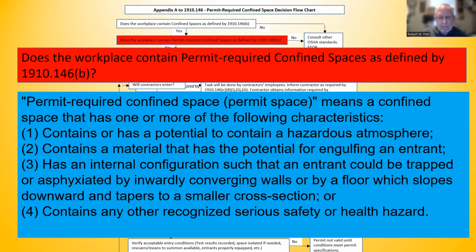A permit required confined space, or permit space, means a confined space that has one or more of these characteristics: contains or has the potential to contain a hazardous atmosphere; contains a material that has the potential for engulfing an entrant; has an internal configuration such that an entrant could be trapped or asphyxiated by inwardly converging walls, or by a floor which slopes downward and tapers to a smaller cross section; or contains any other recognized serious safety or health hazard. So that's the next question.